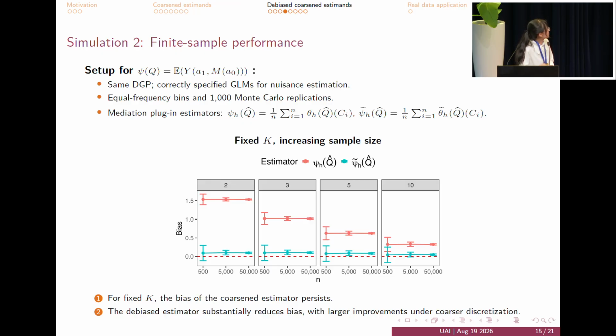The bias decreases when the k increases, but within the same k, the bias doesn't change honestly when the sample size increases. That means this bias is mainly driven by our coarsening part, and our debiased estimator, this blue one, can substantially reduce the bias. So this result suggests that our correction is very useful.